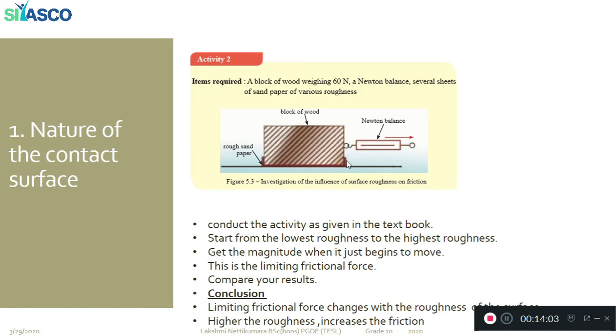Fix the sandpaper having the lowest roughness on the block with the rough side facing out, completely covering the bottom surface. So you have to cover the bottom surface with the lowest roughness sandpaper and then place it on the tabletop.